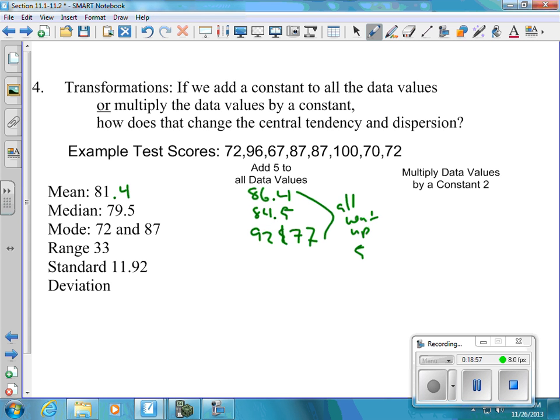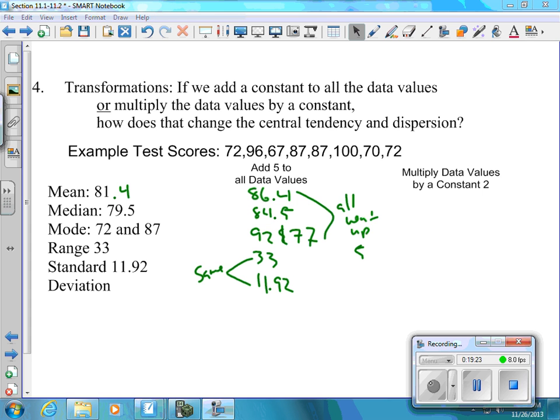If we look at our standard deviation and our range, the range will stay the same, and our standard deviation will stay the same. And if you think about it, that makes sense, because if we add 5 to every data value, they still stay the same spread out from each other, and the same spread out distance from the average, even though the average changes.